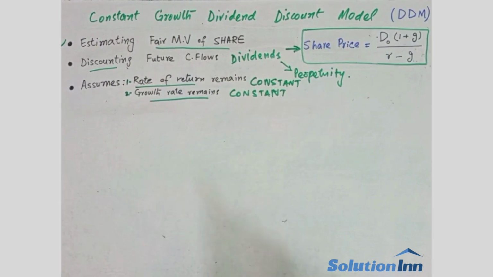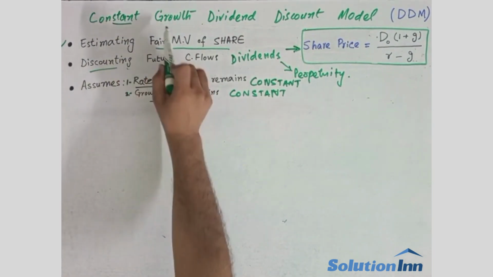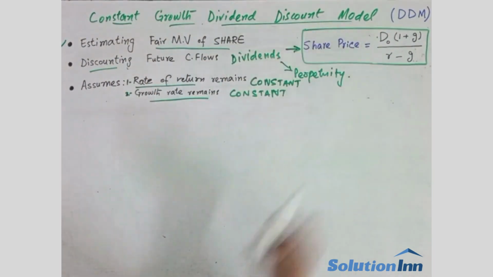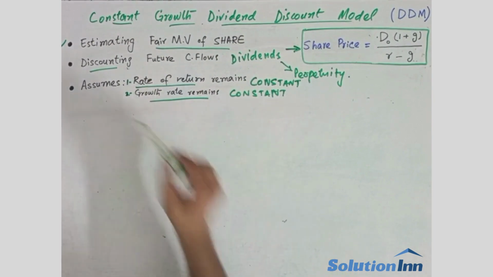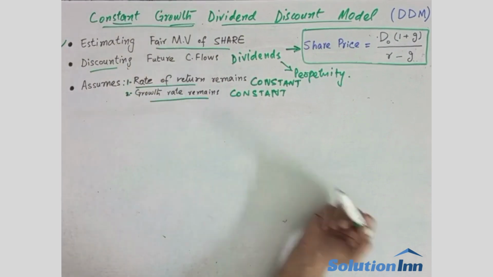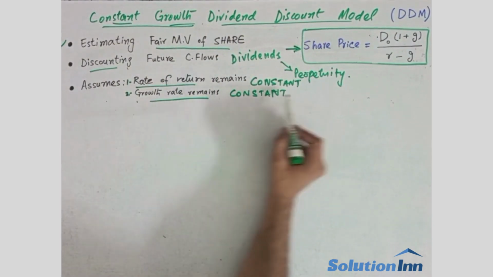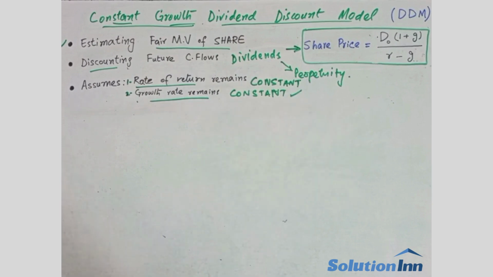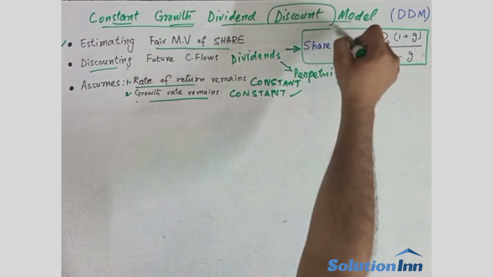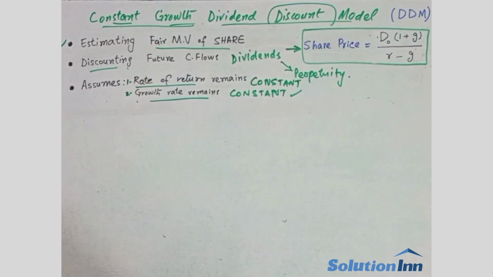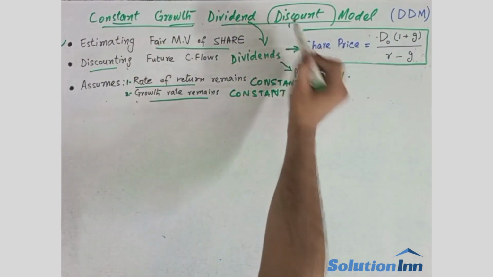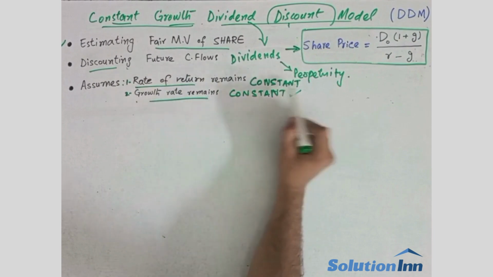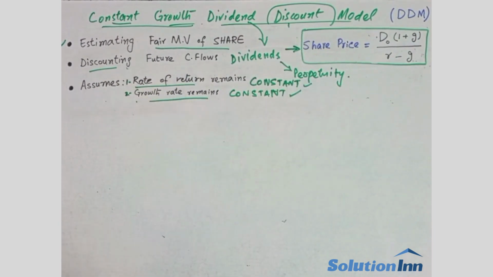That's why this model is called the constant growth dividend discount model. We are assuming that the growth rate will be constant, and that we discount dividend cash flows at a rate that is also constant. That's the rate of return.